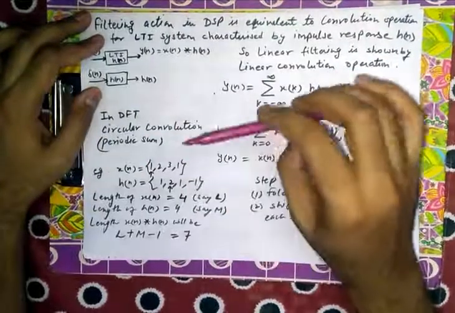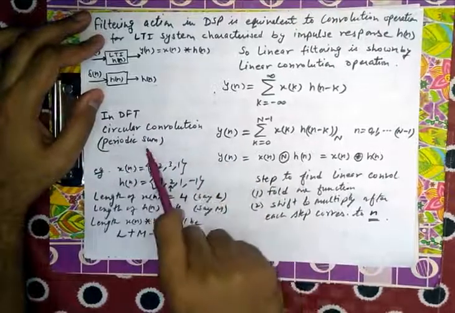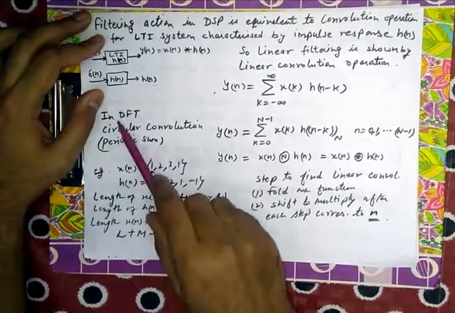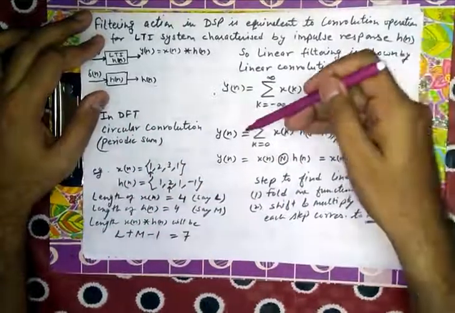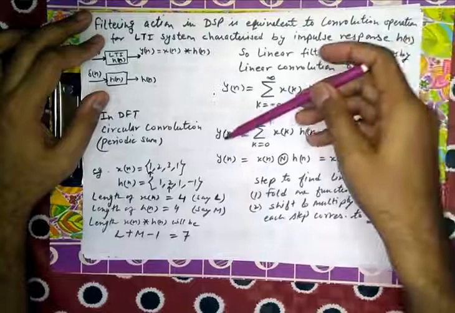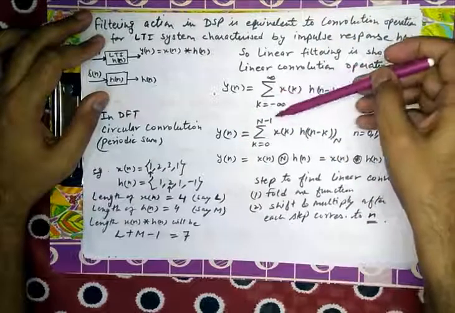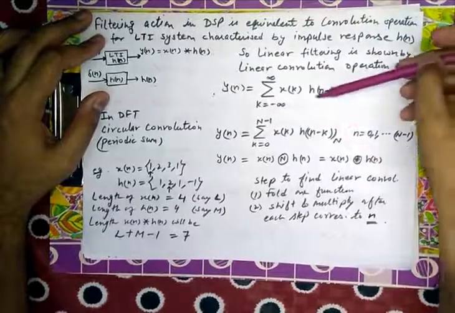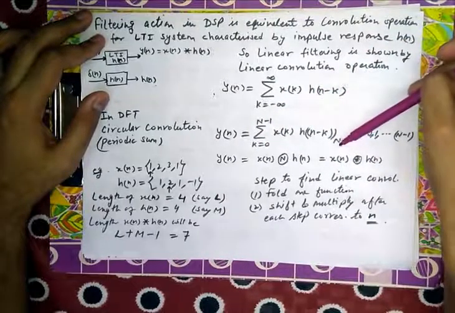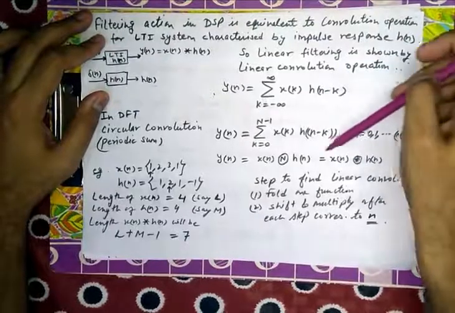In the theory of the discrete Fourier transform, DFT, we use the term circular convolution, a periodic sum, because of the periodicity property of the DFT. The only difference is that the summation varies from 0 to N minus 1 for that period only, and the second function is taken modulo N, because after N times it will repeat itself.